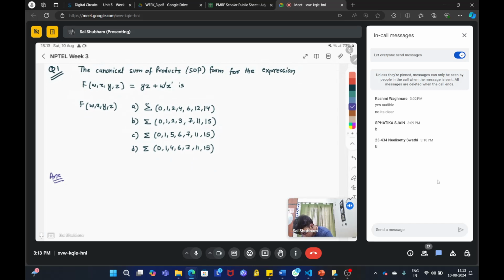So the expression is, so in sum of products, it is any expression which is of the form signal 1 AND gate signal 2 AND gate signal 3, which is then ORed with another signal.